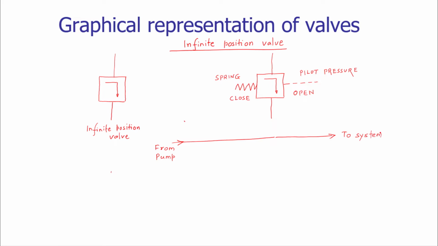So inside this line we are using this infinite position valve. We have taken a branch of the fluid, and that branch is passed through this valve. As you know, the normal position of the valve is closed due to the spring. The pressure is applied by the spring.